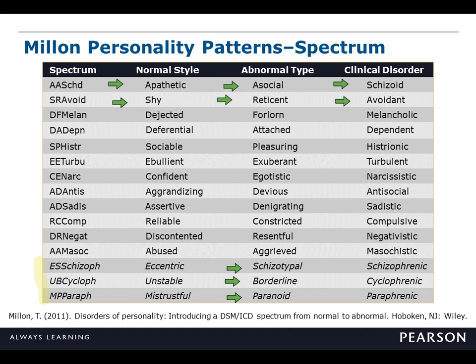These tend to be personality constructs that don't really have a particular normal adaptive style to them, but generally have a shift over, so that we have what we usually consider the normal style, the beginnings of an abnormal type, a difficulty directly from that area: eccentric, unstable, and mistrustful. What we would consider to be personality disordered, but at a slightly more functional range than the very high clinical disorder, would be schizotypal, borderline, and paranoid.